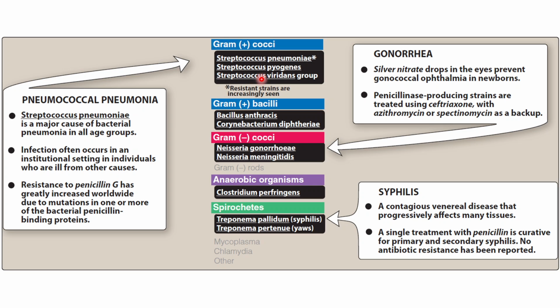Then Streptococcus pyogenes and Streptococcus viridans groups are two other bacteria of the same family, and pyogenes will increase the temperature and lead to fever, and viridans is another one that may lead to different diseases, not only pneumococcal, but Streptococcus pneumoniae mostly leads to streptococcal pneumonia.